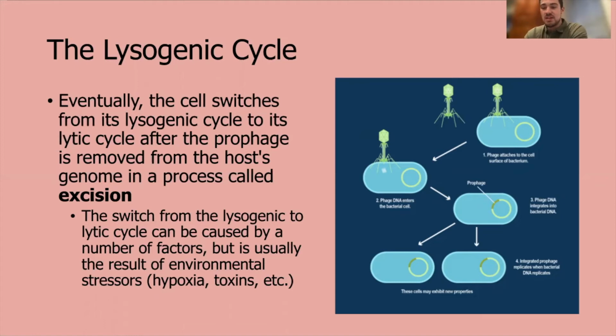Then on step 3, the phage DNA integrates into the bacterial genome. You can see that prophage inside the bacteria, and the bacteria is not aware that there's a prophage inside its genome, and it's going to replicate. So it goes from one parent cell to 2 daughter cells, and both of those cells have identical genomes, including that prophage. And this can go on for a very long time until they switch to the lytic cycle.